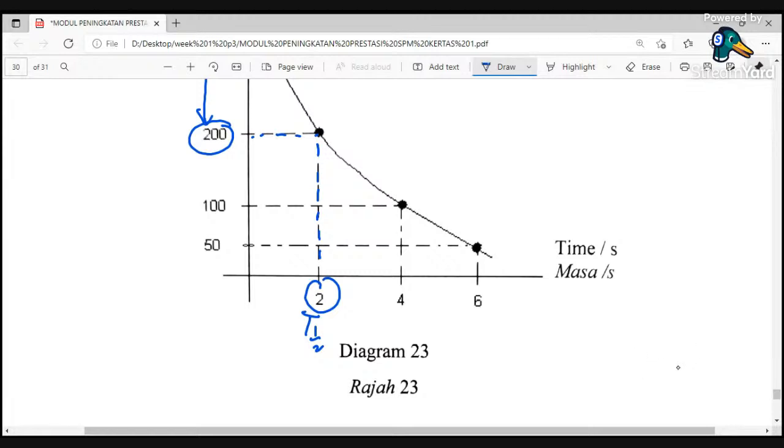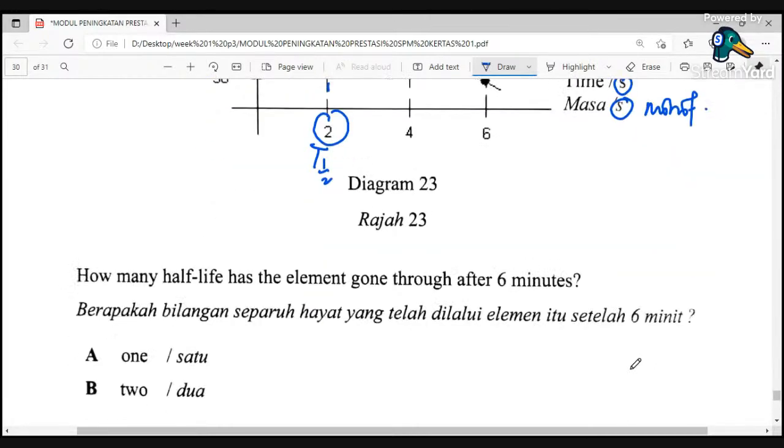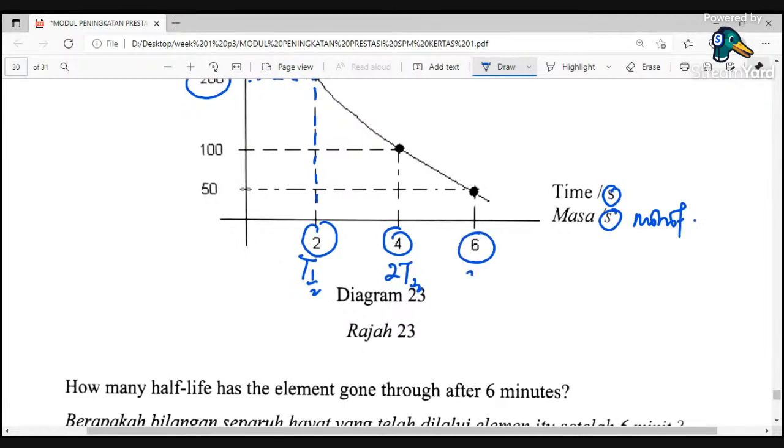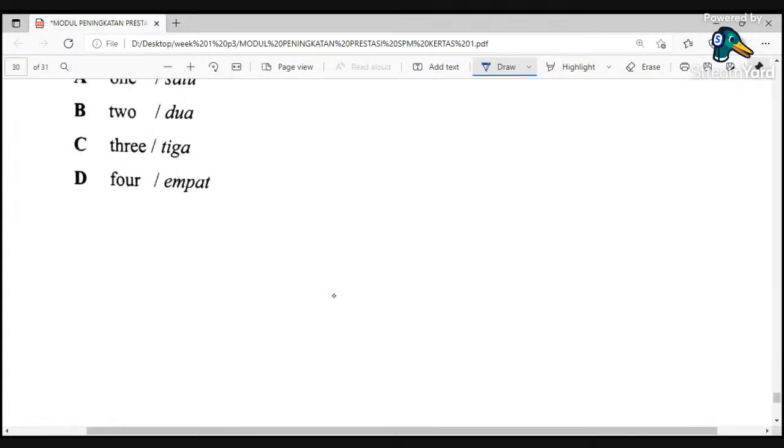Okay, times ni bukan second, sebab activity tu ialah minute. Okay, 6 minutes, how many half-life? Okay, half-life ialah 2, so maksudnya ini ialah 2 half-life, ini ialah 3 half-life. Okay, so you akan dapat jawapan ialah C.